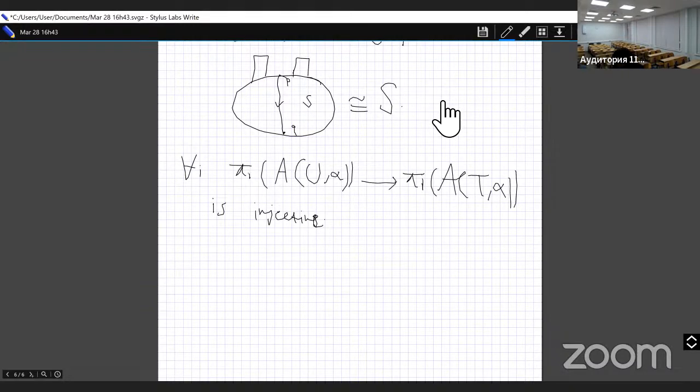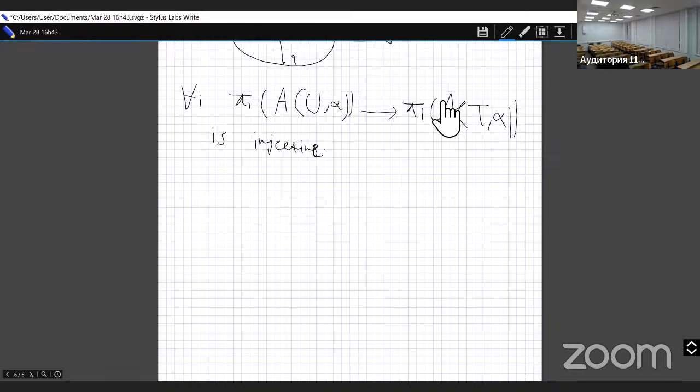So to do this, I want to lift this inclusion to some covering map of T. Consider T prime, the covering of T. To be formal, what is the pi 1 of T?